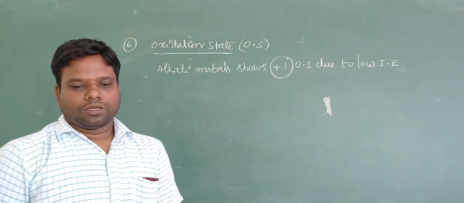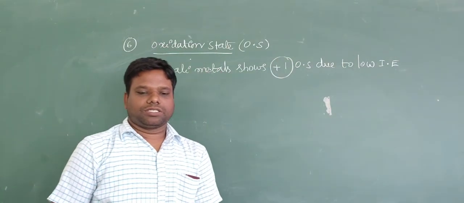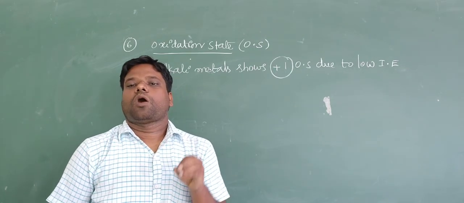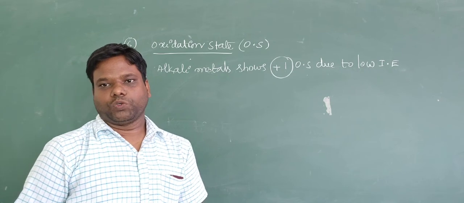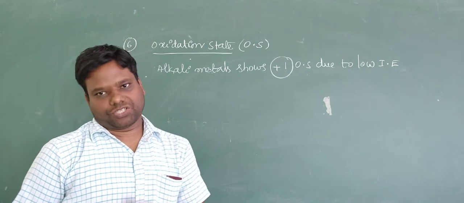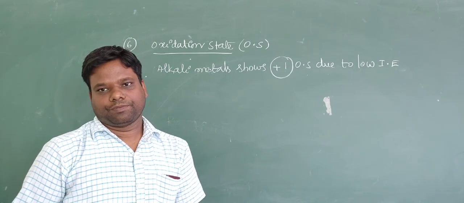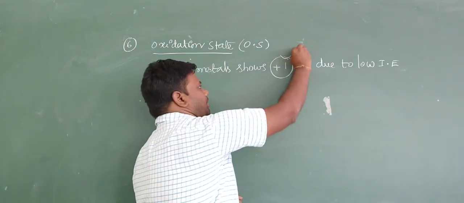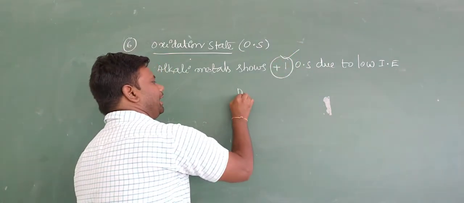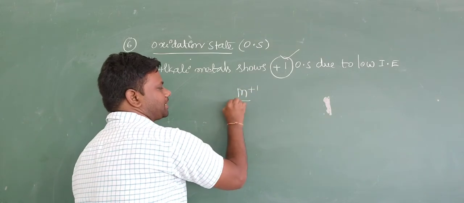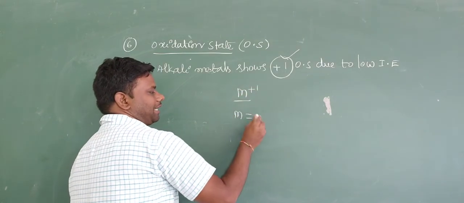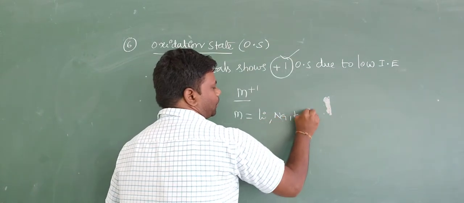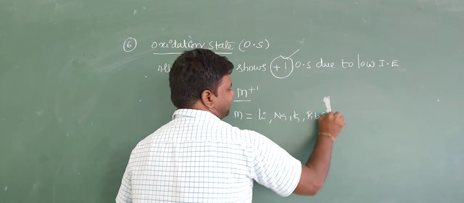Look here. Alkali metals can readily lose the electron from the outermost orbit to form unipositive ions. That's why they can show the +1 oxidation state. It can be represented as M+1. M means here alkali metals like lithium, sodium, potassium, rubidium and cesium.